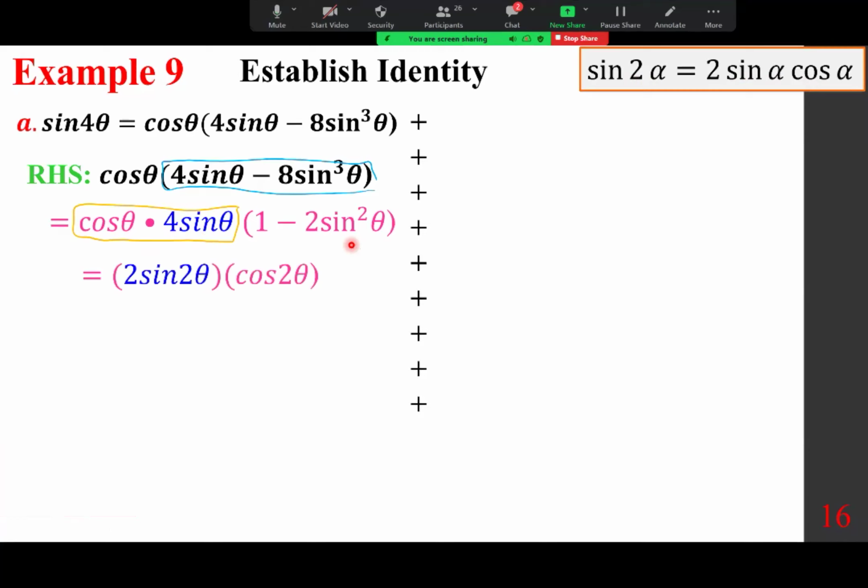So we have 2 sine 2 theta cosine 2 theta. Think about it as alpha. Imagine this is alpha. So the answer is sine of 2 alpha. 2 times 2 theta makes it sine of 4 theta, which is the left-hand side, and that's a proof, believe it or not.